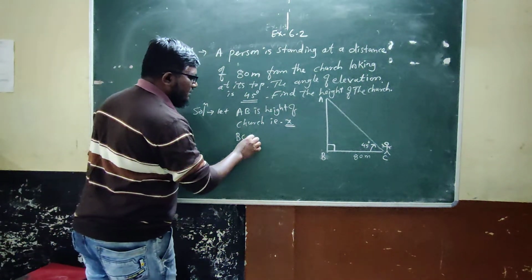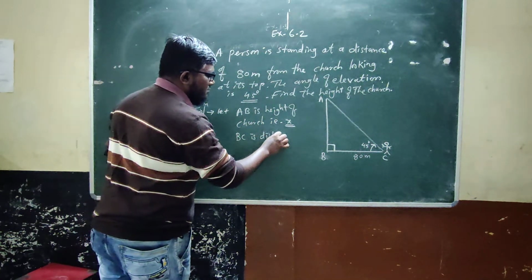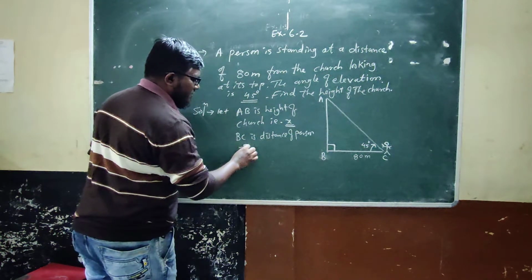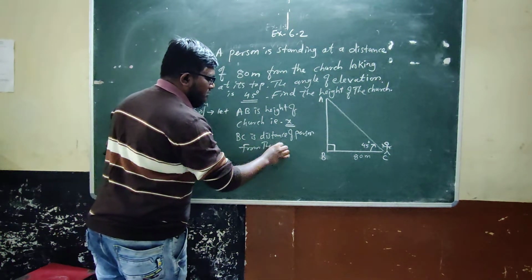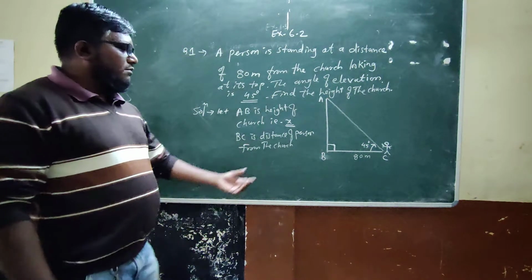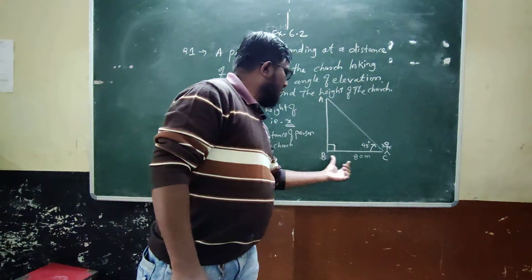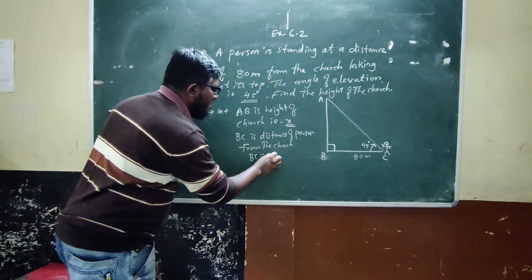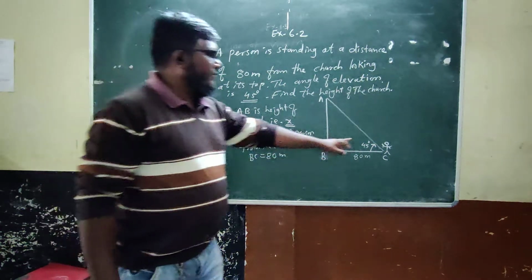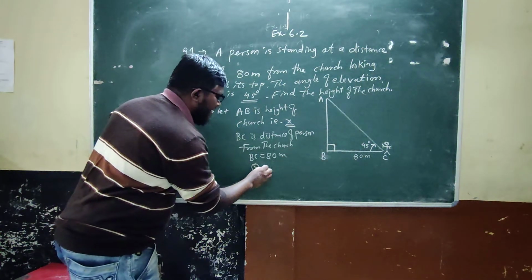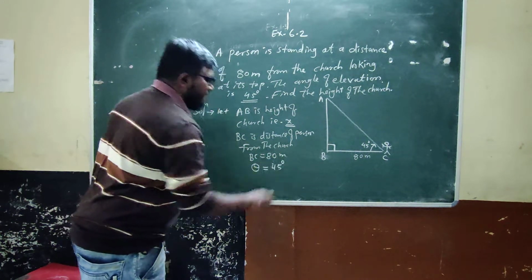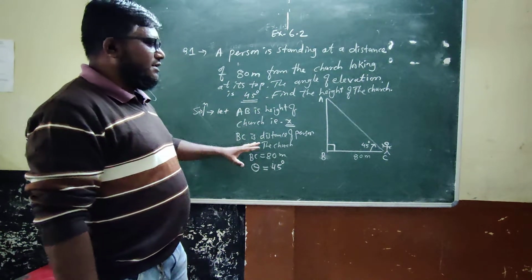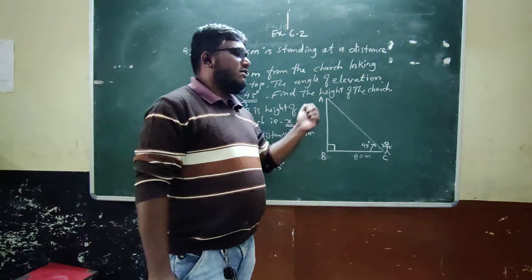BC is the distance of the person from the church. This person is standing here, and the distance between the church and the person is 80 meters, that is BC is equal to 80 meters. And the angle of elevation is represented by theta always, that is 45 degrees. So while keeping in mind these given things, we have to find the height of the church.